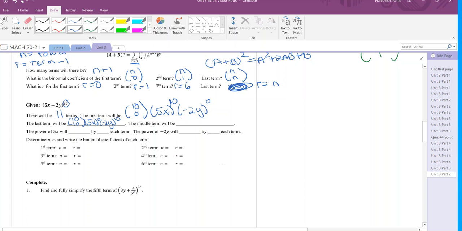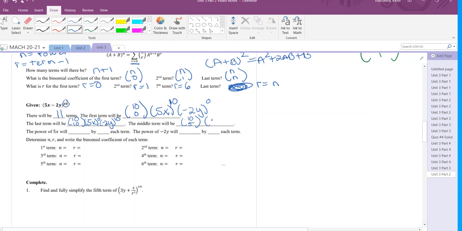The middle term, well, if you have 11 terms, the middle term is the 6th one because you have 5 on one side and 5 on the other. So it'll be 10 choose 5, because remember r is always the term minus 1.